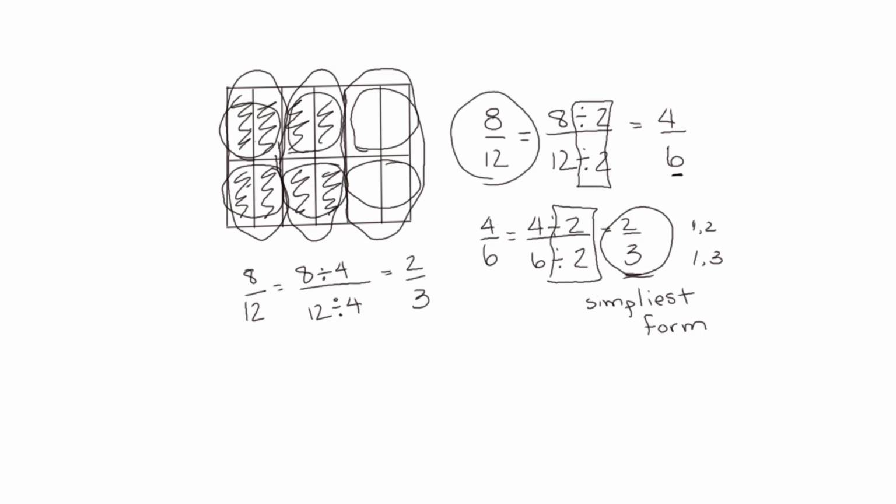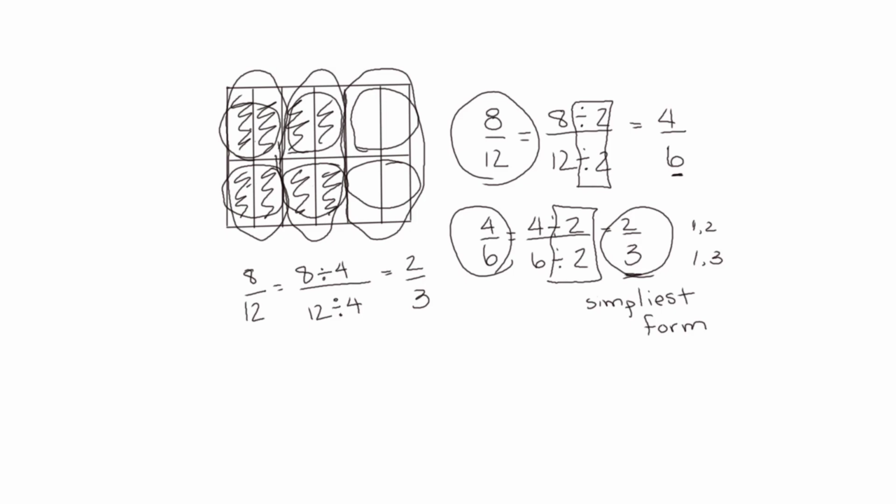So these are all equivalent fractions, 8/12, 4/6, and 2/3. But if our goal is to get simplest form, then we want to look for the greatest common factor between the numerator and the denominator to get directly to simplest form.